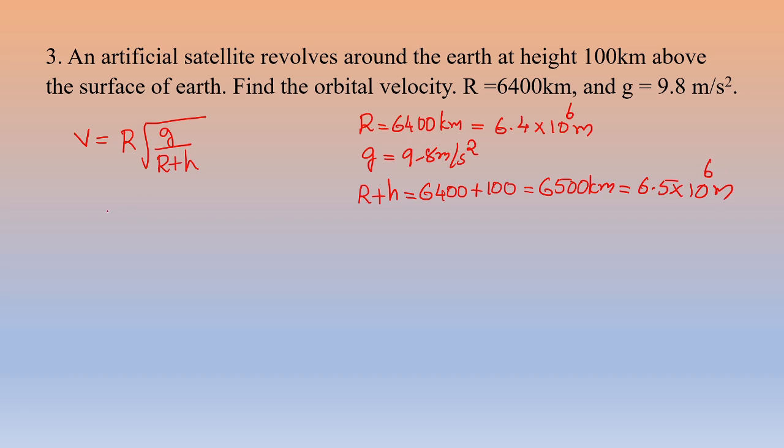So we can substitute: v is equal to 6.4 into 10 raised to 6 into square root of 9.8 divided by R plus H, that is 6.5 into 10 raised to 6.